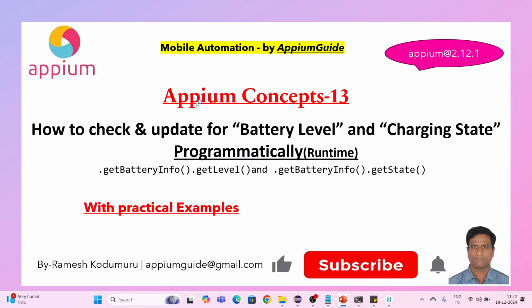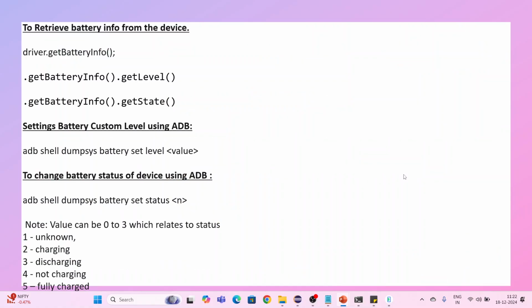As a part of our Appium Concept series, in this video we will see how to check and update the battery level and charging state programmatically. We will use two methods: getBatteryInfo().getLevel() and getBatteryInfo().getState().